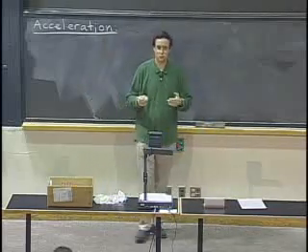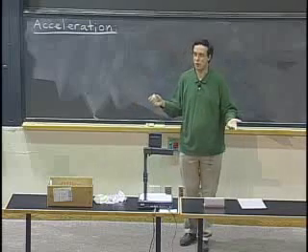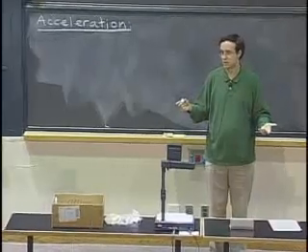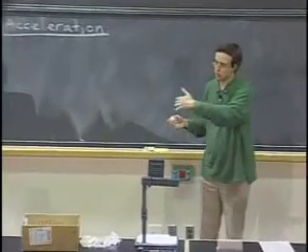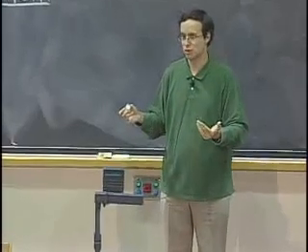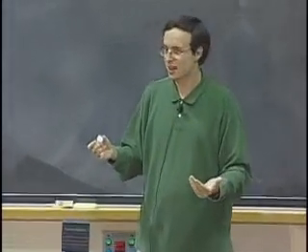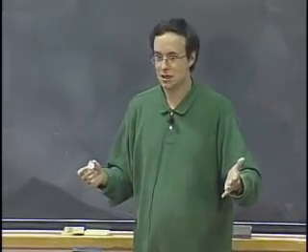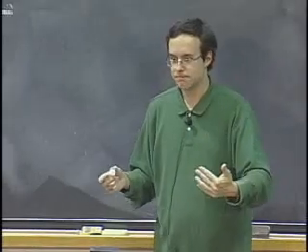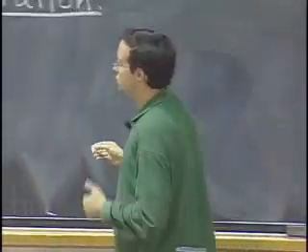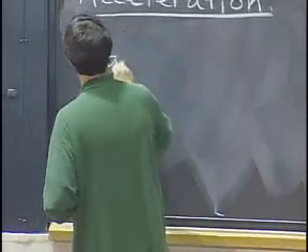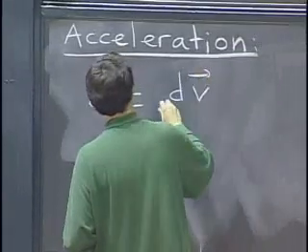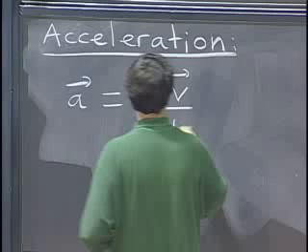If my car goes 55 miles an hour on the highway, then it's going at constant speed. It's not accelerating. But let's say that I'm taking a really tight turn. Then I'm going to feel something. There's some force being exerted. And in fact, there is a sideways acceleration at that point, even though the speed is not changing. So the definition we'll take of acceleration is as a vector. And the acceleration vector is just the derivative of the velocity vector.